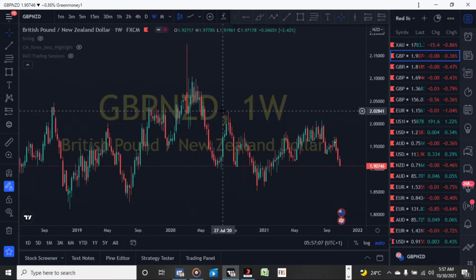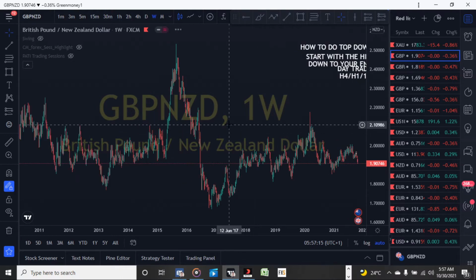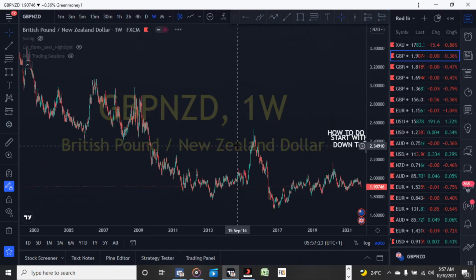Now you can see here, I will advise you before you begin any chart analysis, make sure that you zoom out completely. It's important. This is a weekly time frame. Zoom out completely. Now when you zoom out, what is the direction of this market?